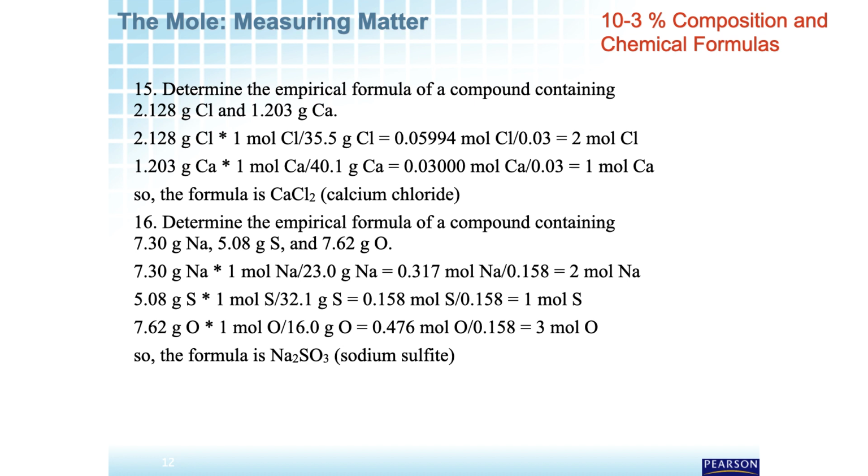The least number of those three is 0.158, so they're all going to get divided by 0.158. And when I do that, I end up with 2 moles of sodium, 1 mole of sulfur, 3 moles of oxygen. So the formula will be Na2SO3, which is sodium sulfite.